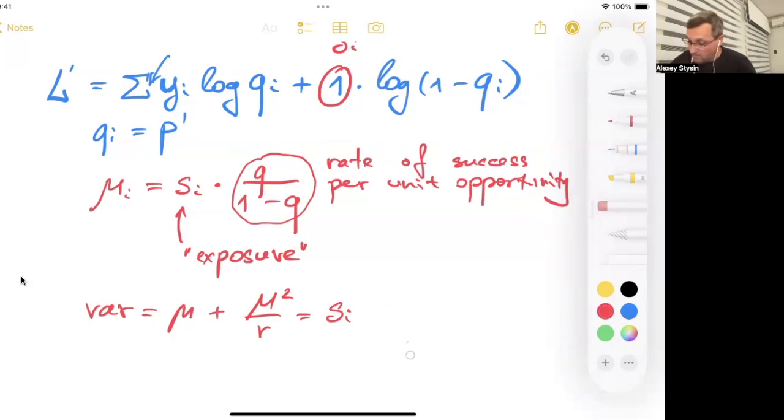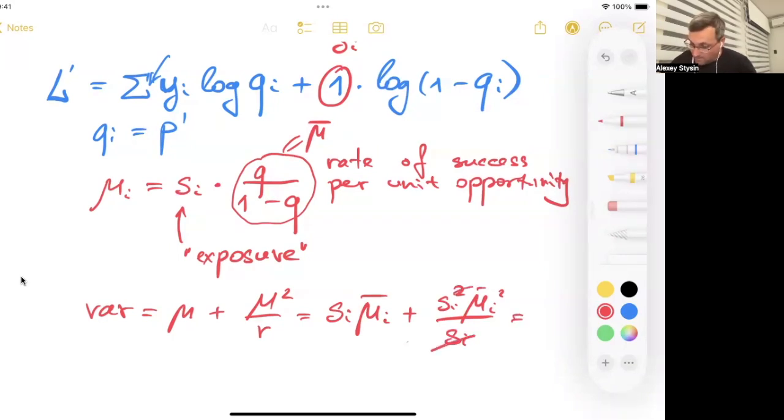Let's call this a mu normalized, something like mu per unit. So this is going to be si times mu per unit I. And here we have si squared, mu I squared, normalized over si. So this one cancels, and we get si outside of this, mu I plus mu I squared.